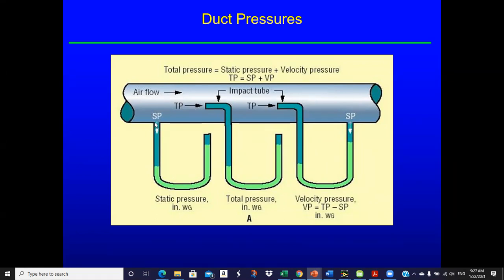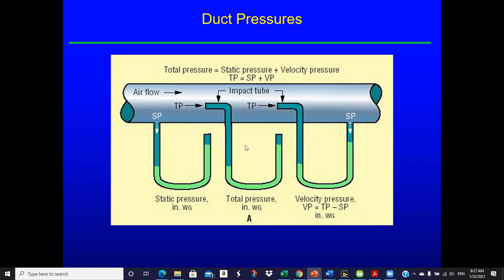The static pressure then enters this portion of the U-tube manometer, and the end of it is open to atmospheric pressure in the room beside the duct. So we have more pressure trying to burst the duct, and it pushes the manometer fluid down relative to the other side. We measure the height difference between the two menisci, and knowing the density of the fluid, we can very easily calculate the static pressure in the duct at that point.